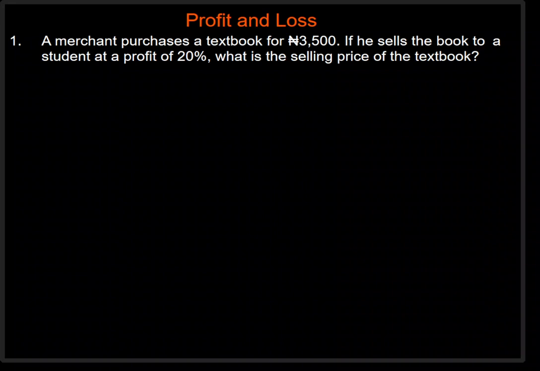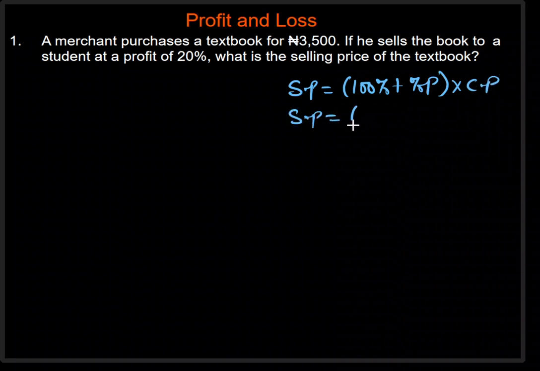You want to look at it getting the selling price, solving the selling price direct using the cost price and the percentage profit. All right, so there was a formula we talked about. Selling price equal to 100% plus percentage profit times the cost price, and then our selling price is also equal to 100% minus percentage loss times the cost price.